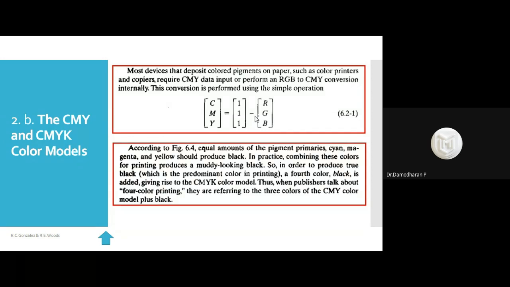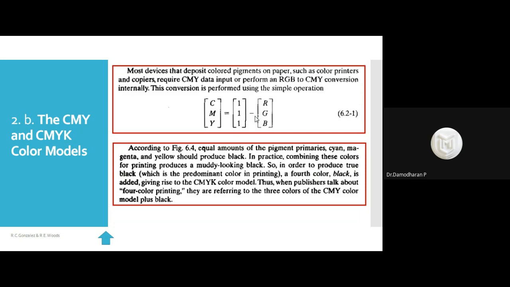The secondary colors are not able to give a true color image. To get a true colored image, the secondary colors are combined with black.